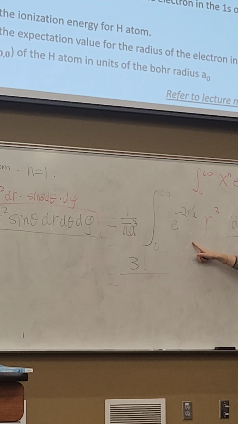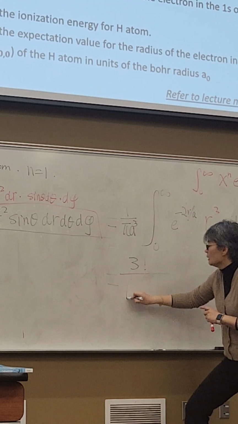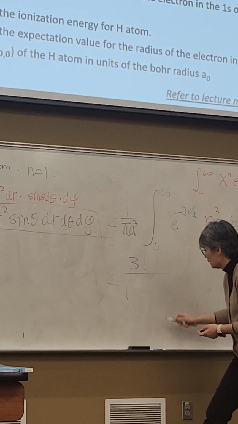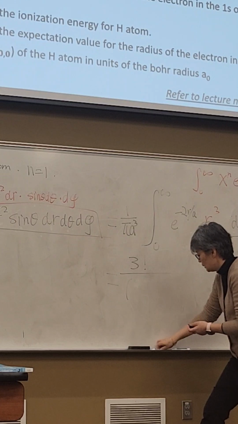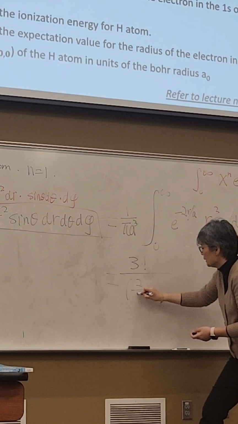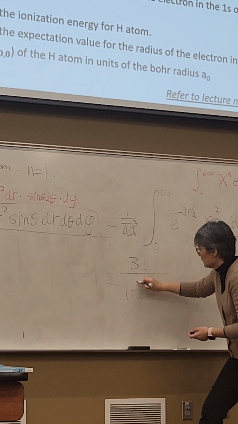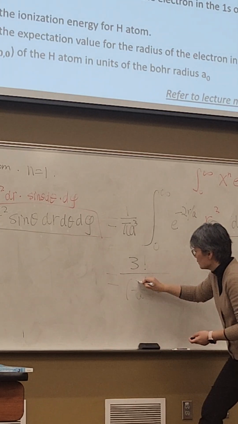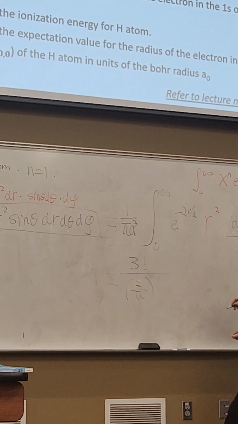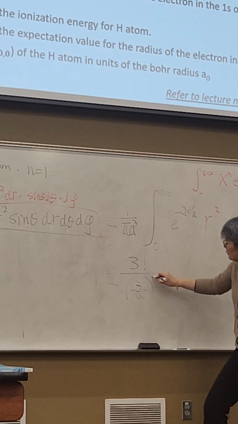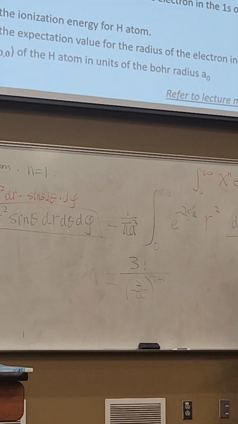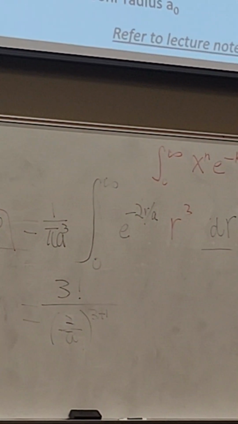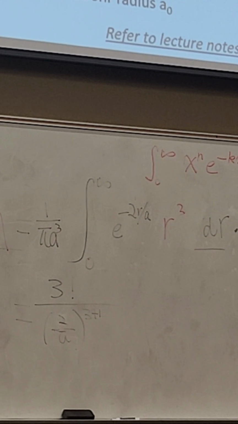So the k is 2 over a, and raised to the power of n. N is 3 plus 1. Okay, I think I'm happy. You guys are happy with that?